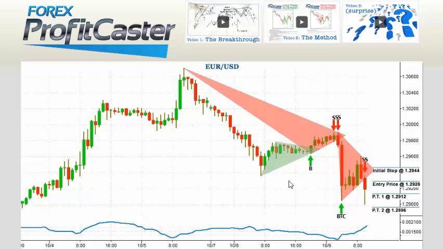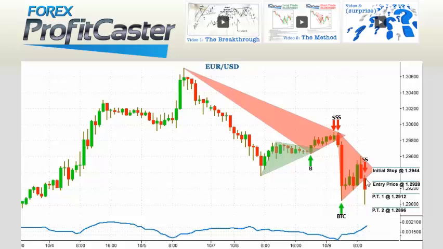Okay, back to the Euro-US dollar hourly candlestick chart. You can see here that we did get filled on the short side. The market broke out on the downside as expected, and immediately the first profit target was hit for 16 pips of profit. The second profit target is still an open order out there, in hopes that even though the market gained some buying pressure here and closed a bit higher, it's going to trend lower in the next hour and take out that second profit target.